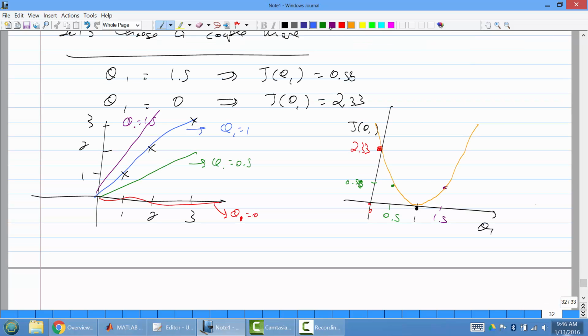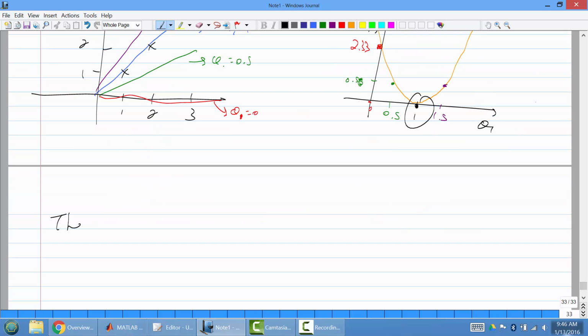In our particular case, that'd be theta 1. So right there, that's the best cost. The best theta 1 to fit this example is the one with the lowest cost.